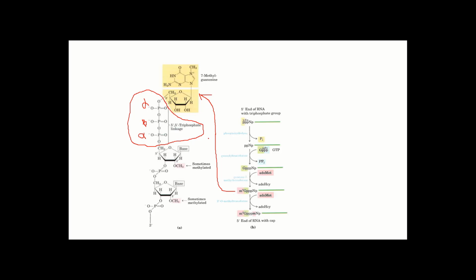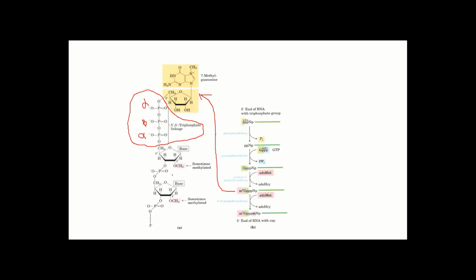Now if we look at the structure of this complex, this is your mRNA transcript, and this is the nucleotide at the 5' end of the mRNA transcript. It has an alpha phosphate and a beta phosphate.